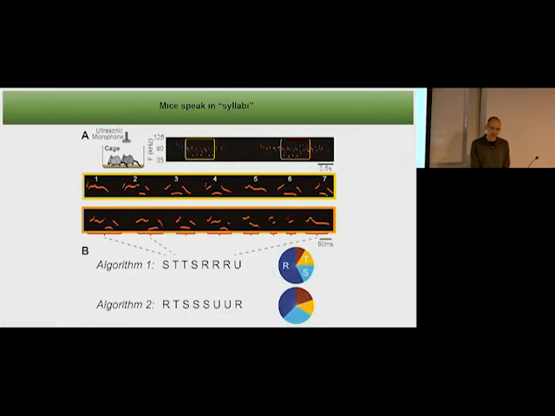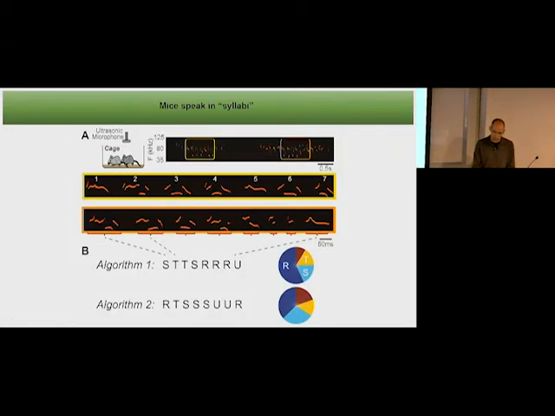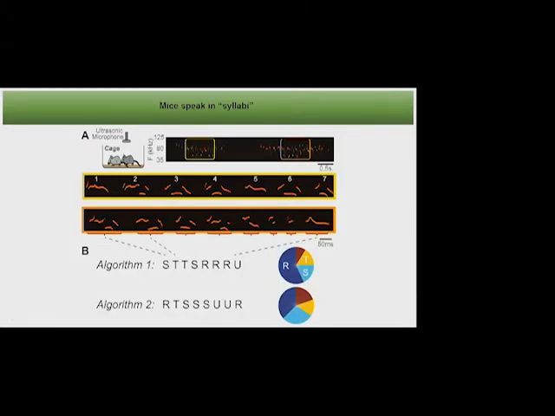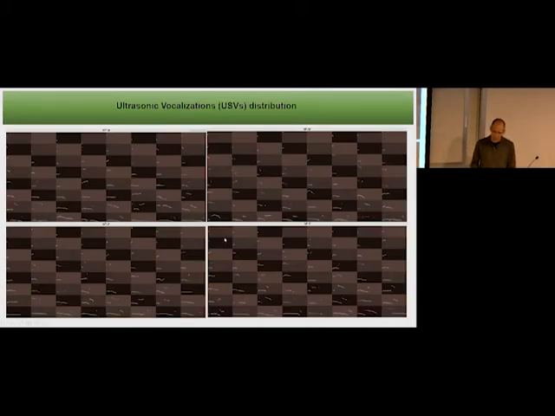This is ultrasonic vocalization. They speak in these syllables, which look like this, and people who are interested in mouse songs and speech try to interpret these, but I leave that to other people. We collected something like 12,000 vocalizations over a period of 2.5 years. Malka, correct me if I'm wrong, maybe 3 years.